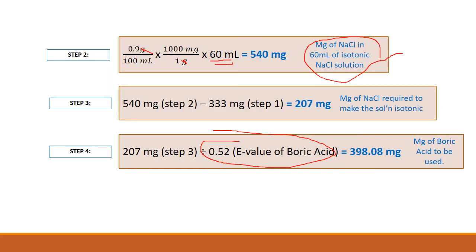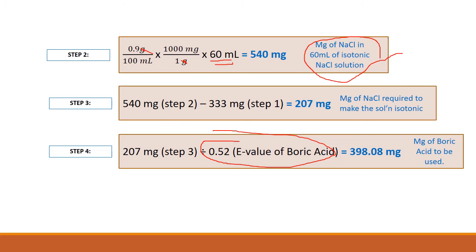So step 2: calculate the amount of sodium chloride alone that would be contained in an isotonic solution of the volume specified in the prescription, namely the amount of sodium chloride in 0.9% solution of the specified volume.